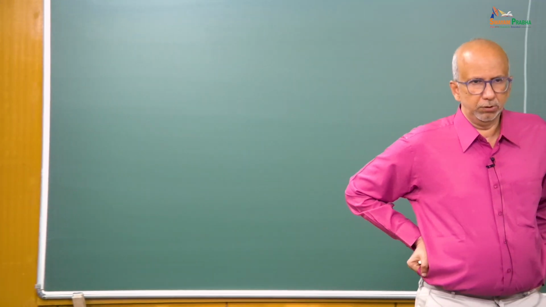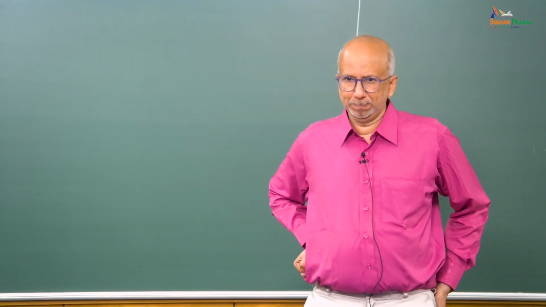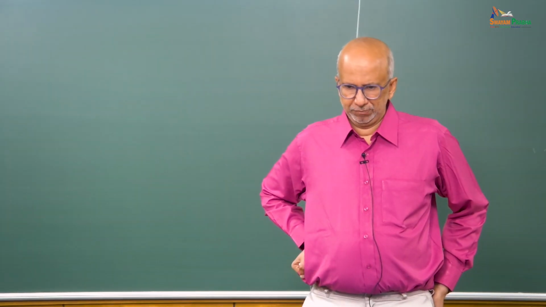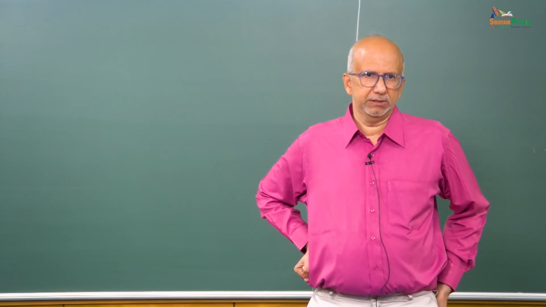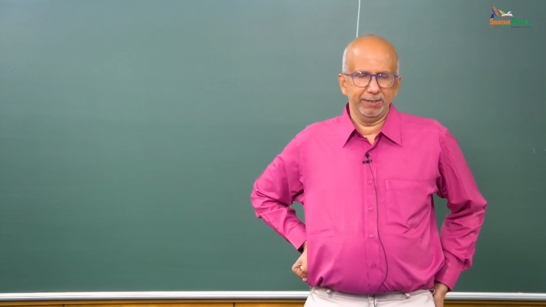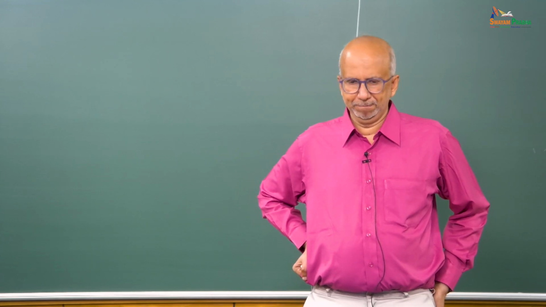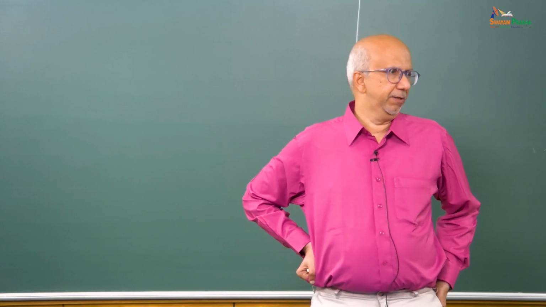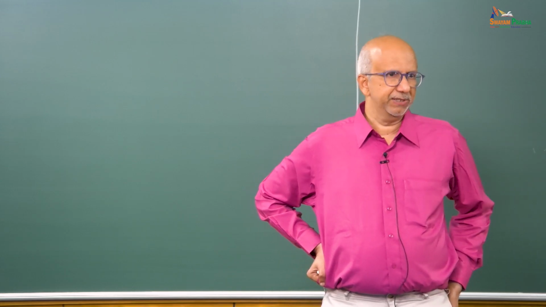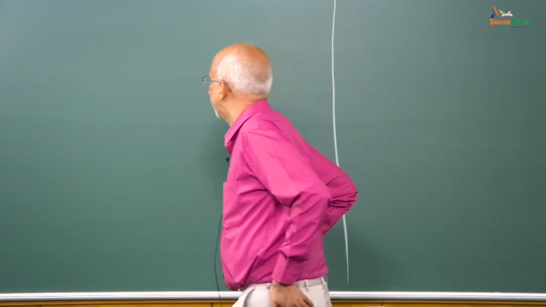So, good afternoon and welcome to the class today. We were discussing this concept of subspace, and we will continue from that. And the idea is, let us consider the space R2.